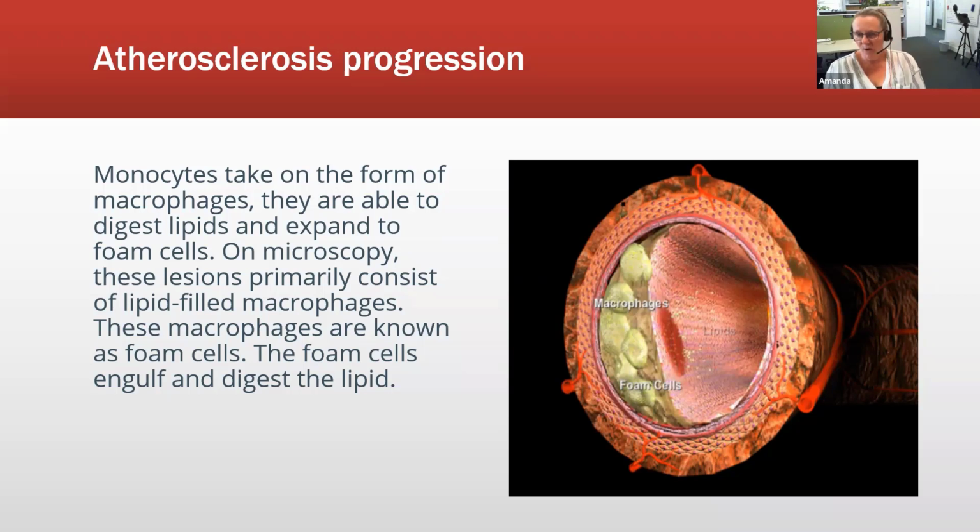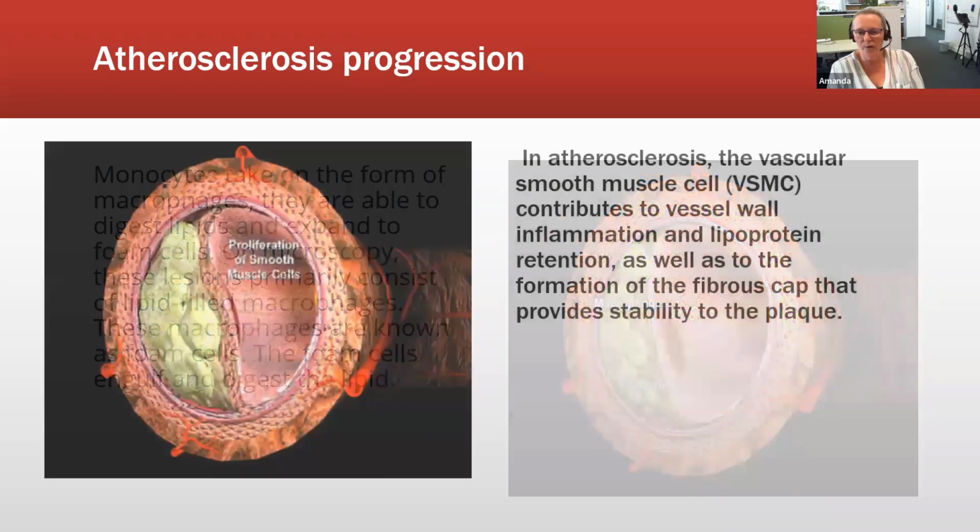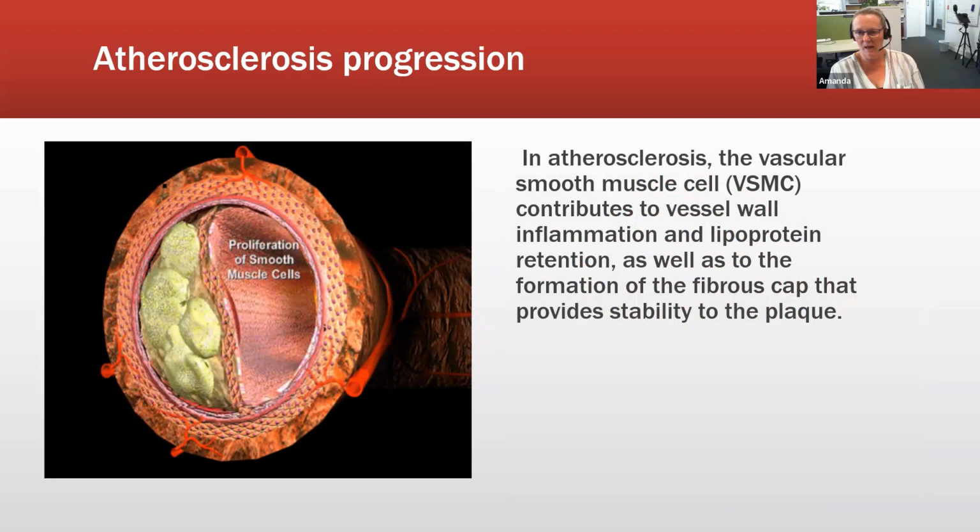So these are foam cells, and I think it's a great little picture there. And then what happens is these foam cells start forming caps, a fibrous cap. So instead of being soft and pliable, plaque forms on them, and they become less pliable.